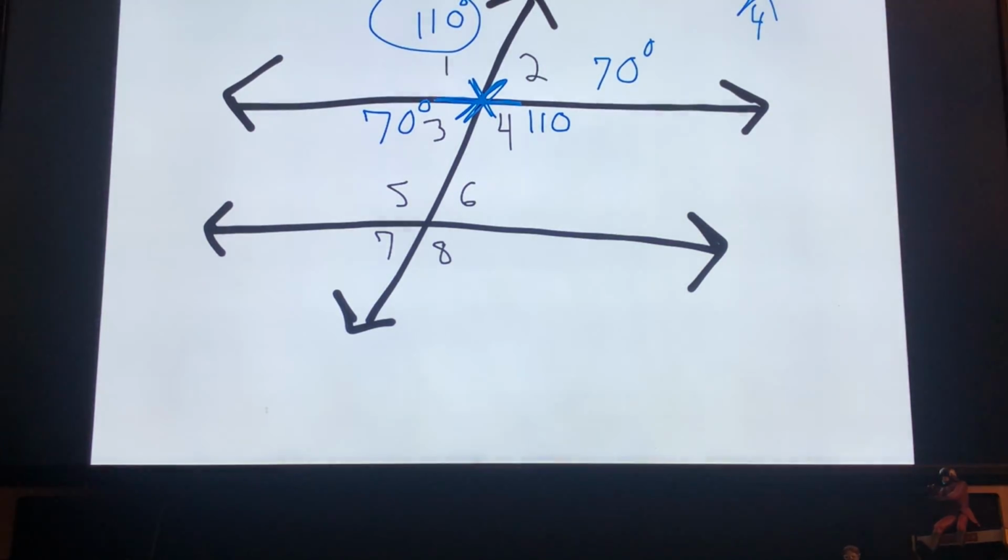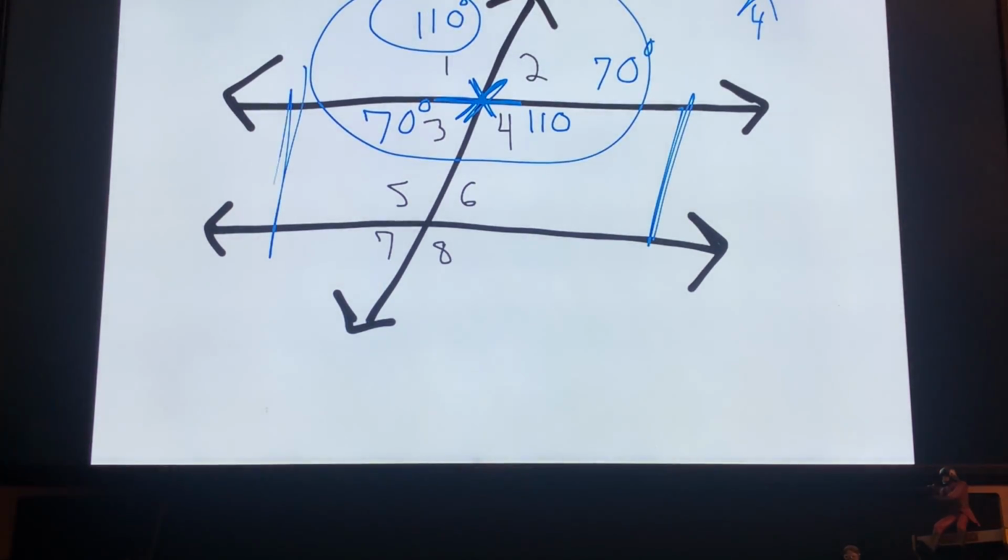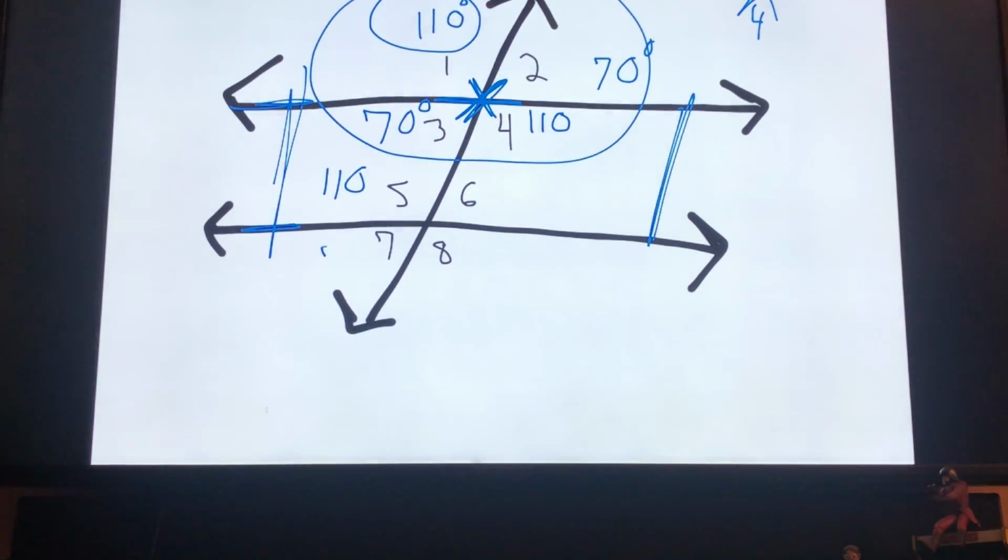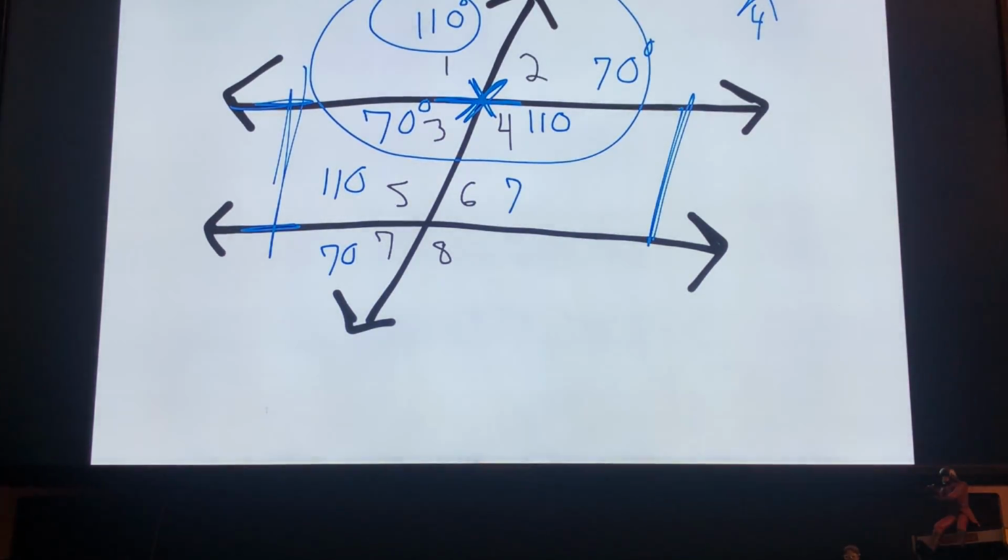So guess what? I found this right here, entire portion. Well, guess what, friends? Because of parallel lines, these lines right here running this way, you just pretty much have the exact same because of parallel lines. 110, 70, 70, 110.